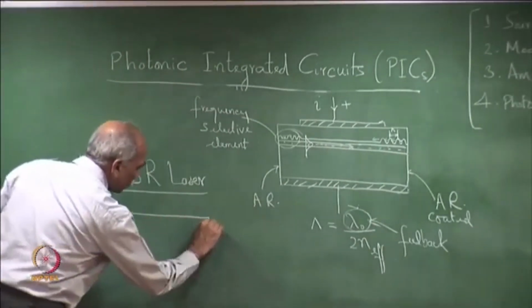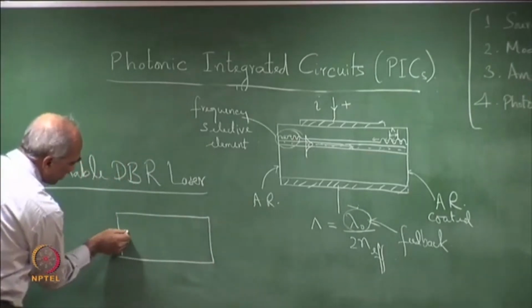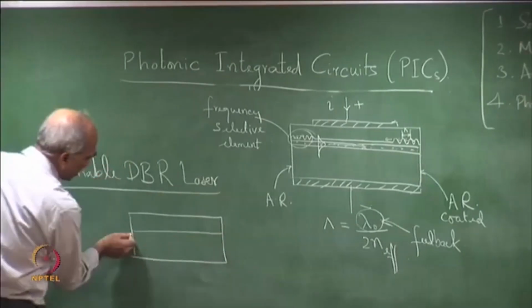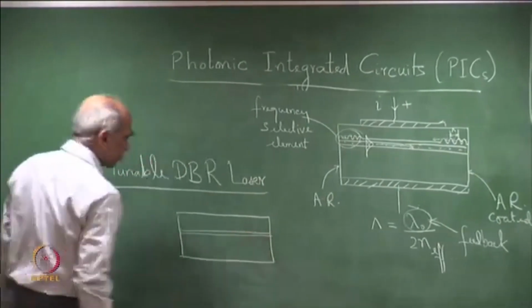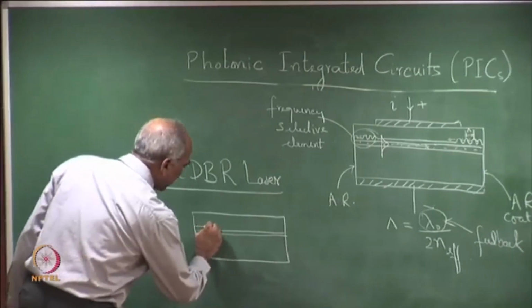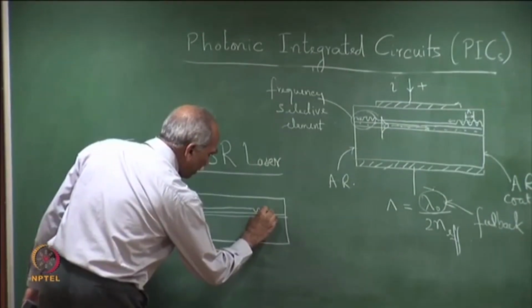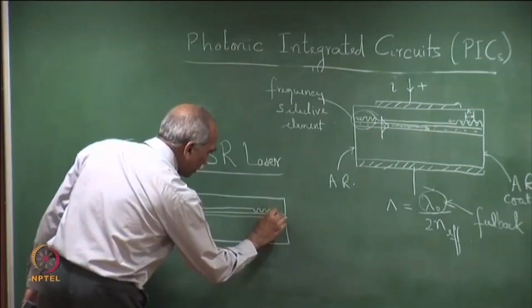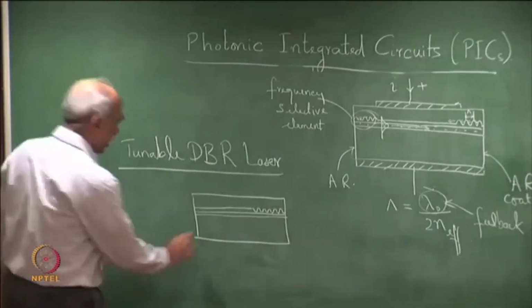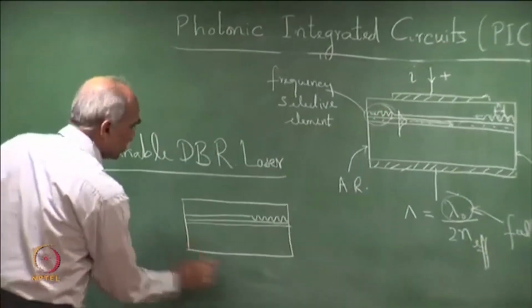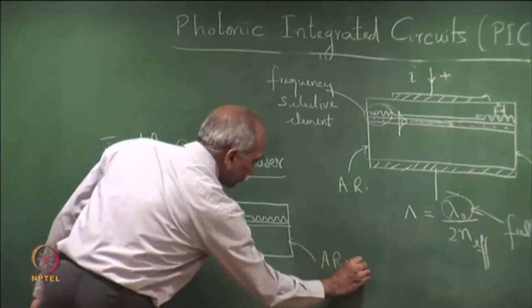In a 2 segment tunable DBR, we have this region, that is the active region right up to the end, and then the cladding region. In the cladding region, we have the periodic grating over one end of this, and we have this end anti reflection coated, AR coated.